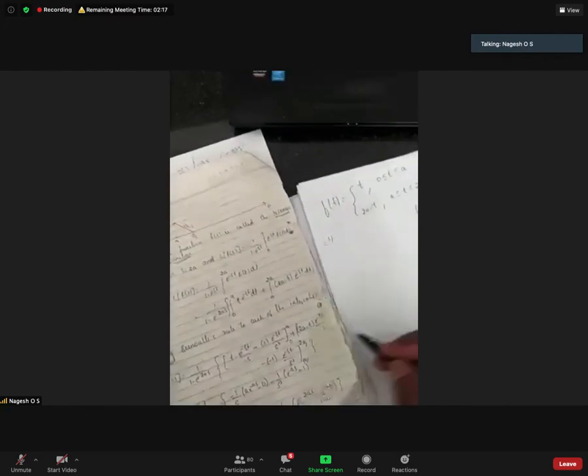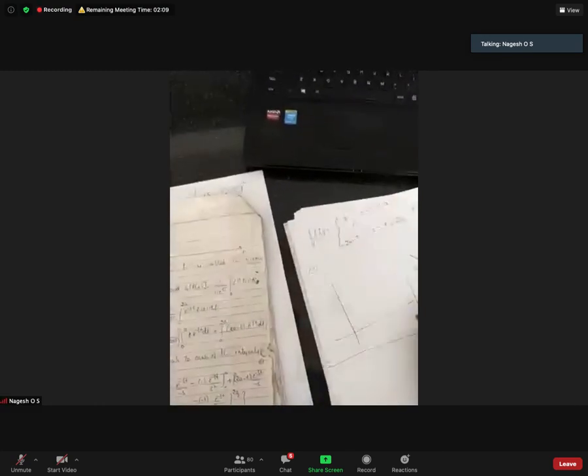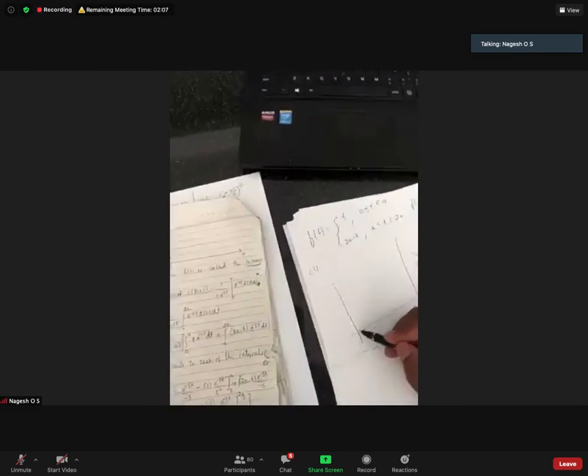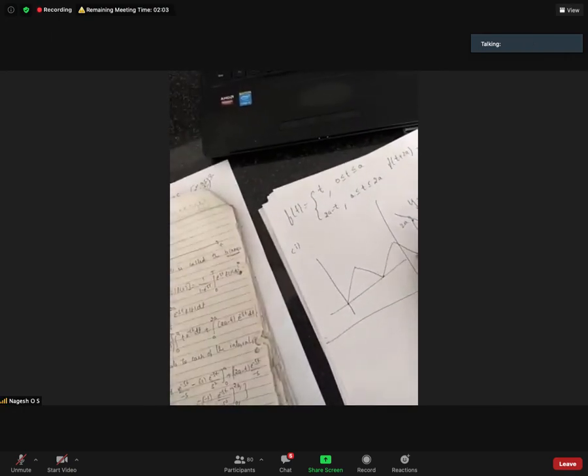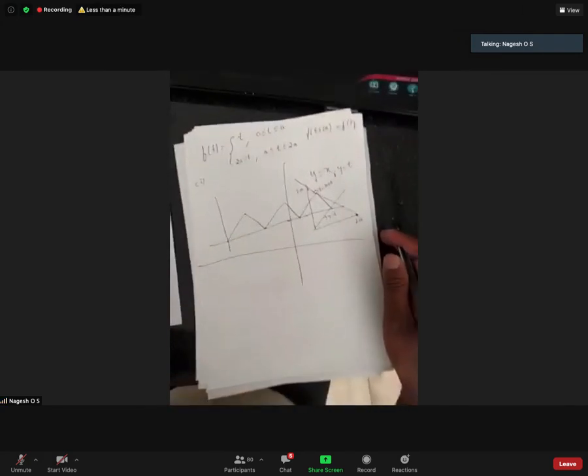So it will repeat. You may ask the question: you told, sir, that a periodic function means it will repeat, so this pattern should repeat. Where is it repeating? It will repeat like this. So what is the period?